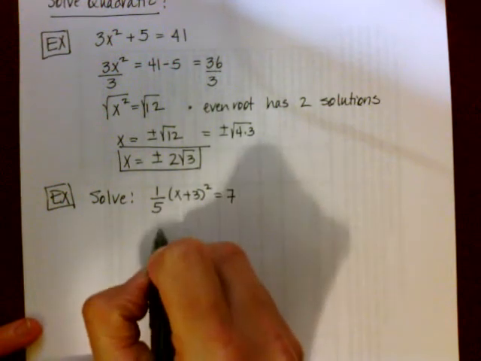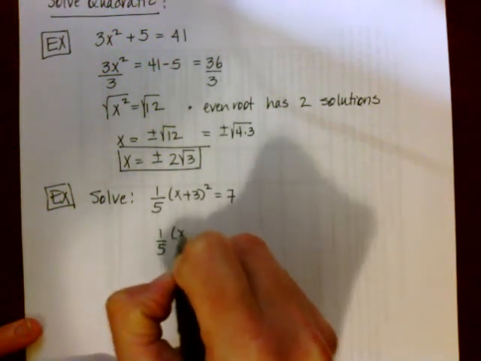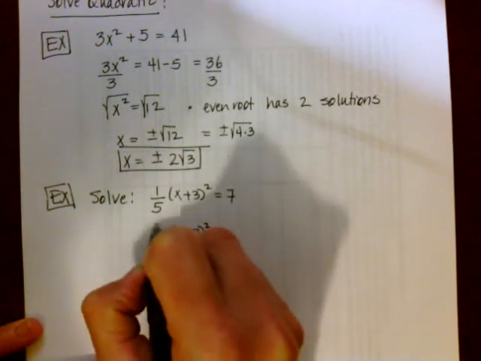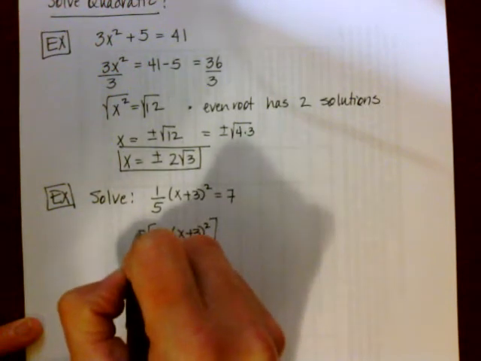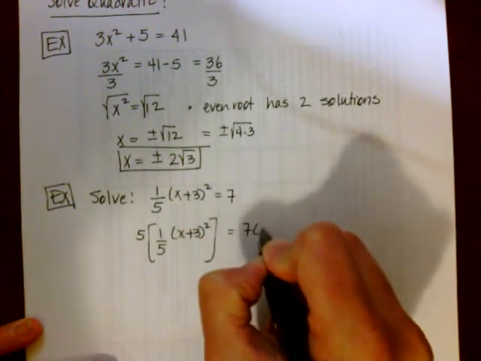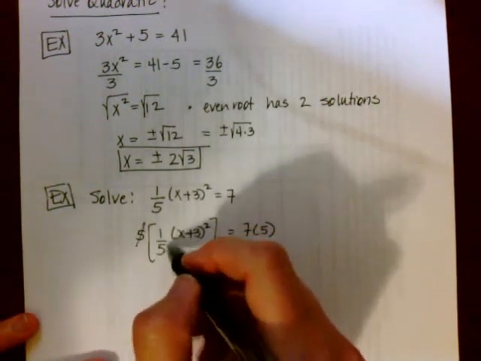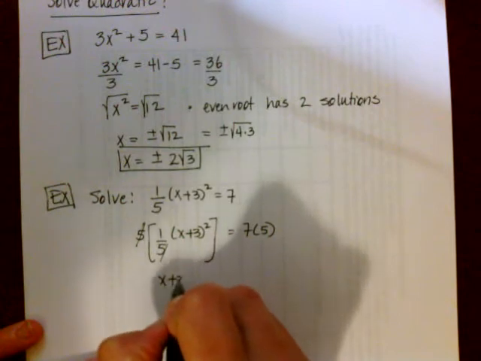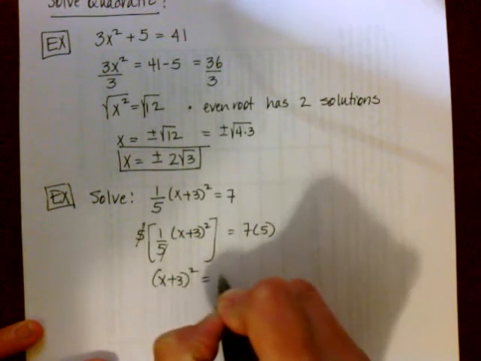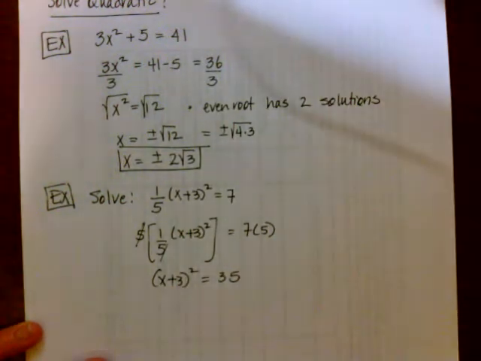I'm going to multiply both sides of the equation by 5. These two 5s cancel, and so I'm going to get x plus 3 quantity squared is equal to 35.